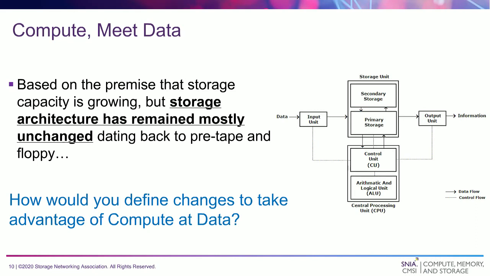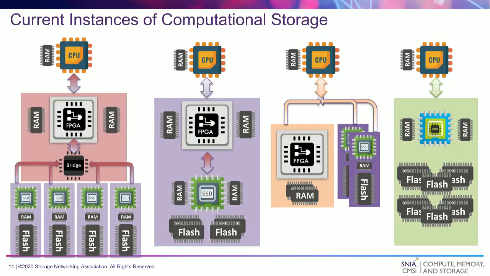So the basic compute storage architecture has been the same for many decades, going all the way back to tape and floppy and hard disk drives, and even solid state drives. And we're looking for ways to innovate and make compute easier within storage capabilities. And what the technical working group at SNIA came up with are 4 different use cases of computational storage, and I'm going to walk you through each one of them.